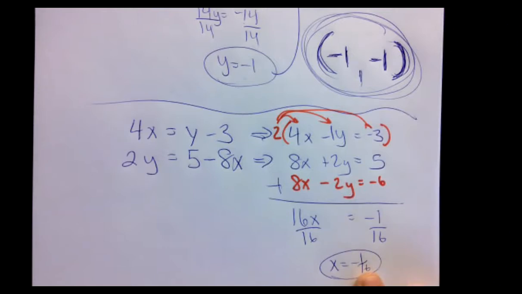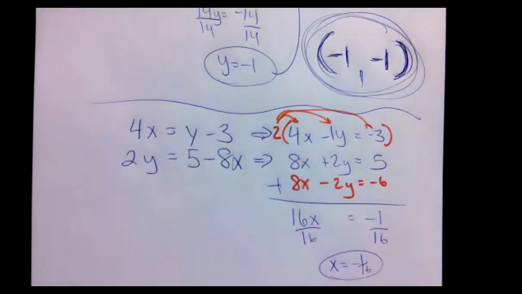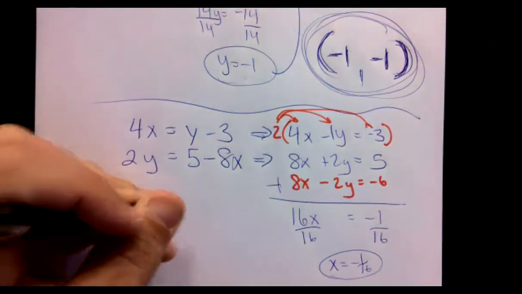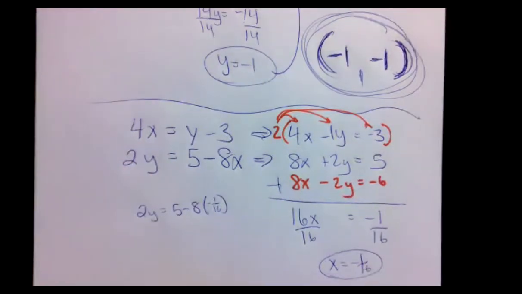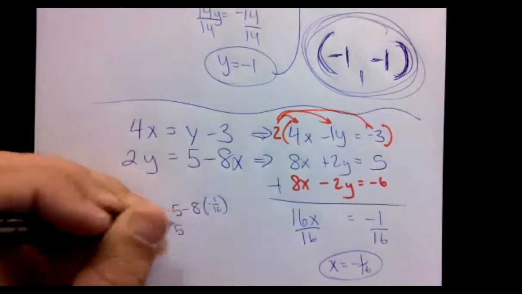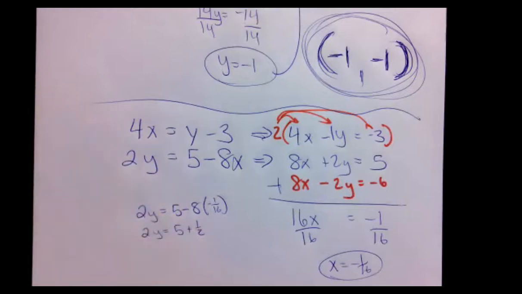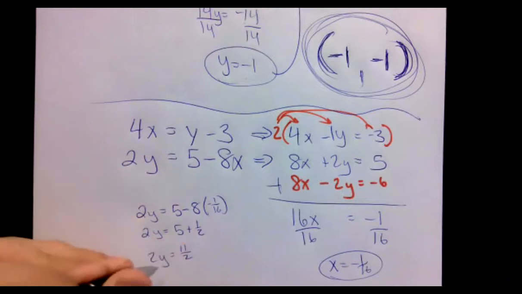So once we know what x is, we're going to plug it in to one of our original equations, doesn't matter which one, and we're going to solve. So I'm going to, again, choose the bottom one. So 2y equals 5 minus 8x. 2y is going to equal 5. And then -8 times a -1/16 is a +1/2. 5 plus 1/2 is 11/2.